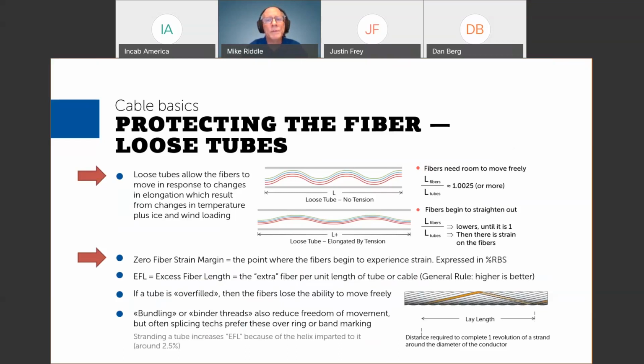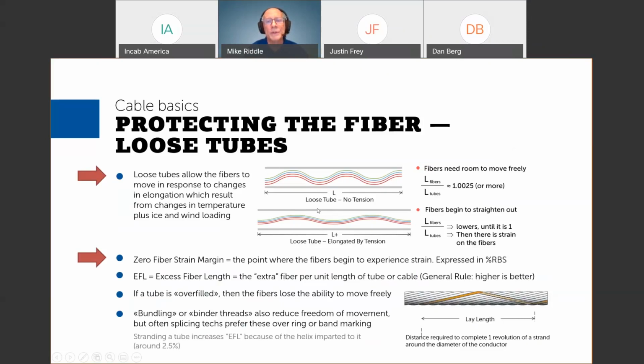The loose tube design concept became popular for outdoor cables, and in particular aerial cables, because the loose tubes allow the fibers to move in response to changes in elongation. So what you do is you lay the fibers in a tube in a nice sinusoidal shape, as you see in this picture.